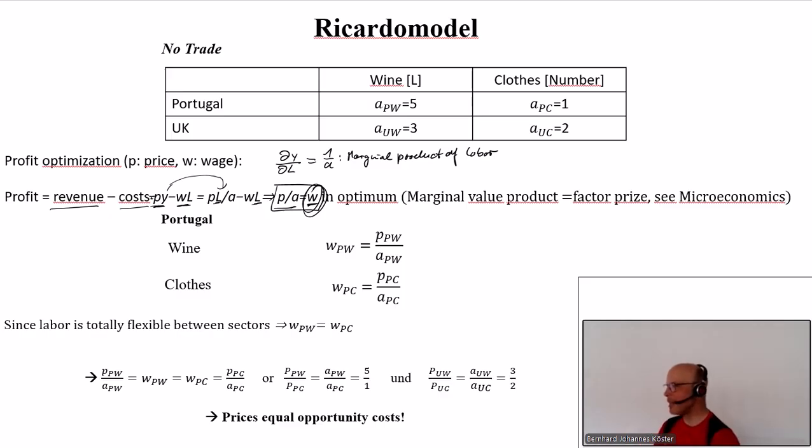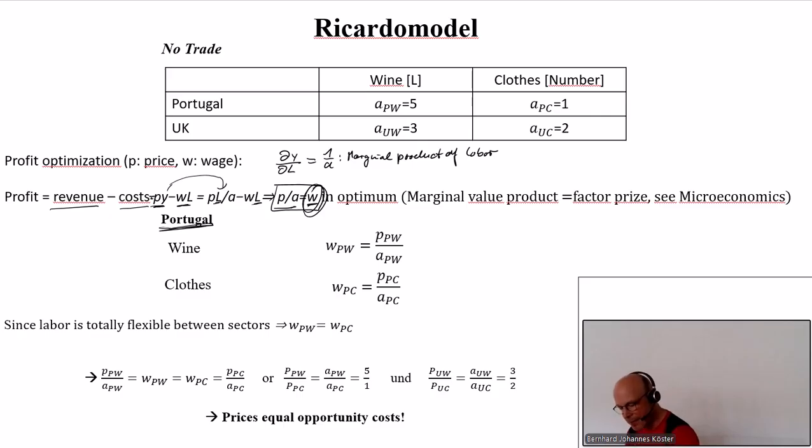Well, this calculation now I have to do for both sectors and in both countries. But for now, we do not assume that both countries are trading with each other. They are producing separately. So we look only at what happens within these two countries. So let's see, for example, Portugal, but the same calculation is of course true for the United Kingdom.